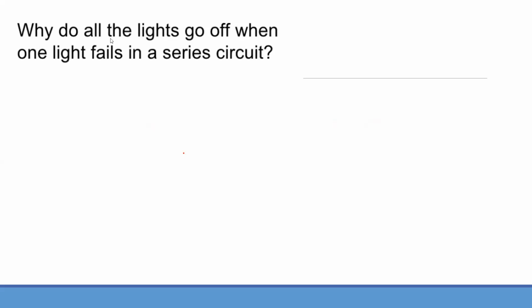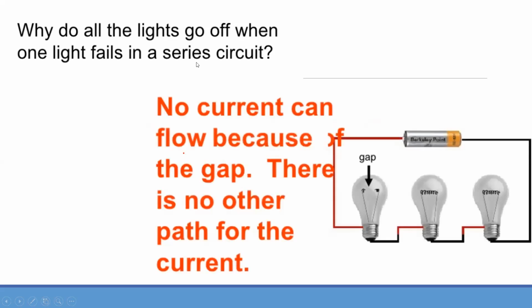Now, why do all the lights go off when one light fails in a series circuit? Because the current cannot pass to the other light bulbs. Yes, because no current can flow because of the gap. There's no other path for the current. So if the current comes from here, it stops.